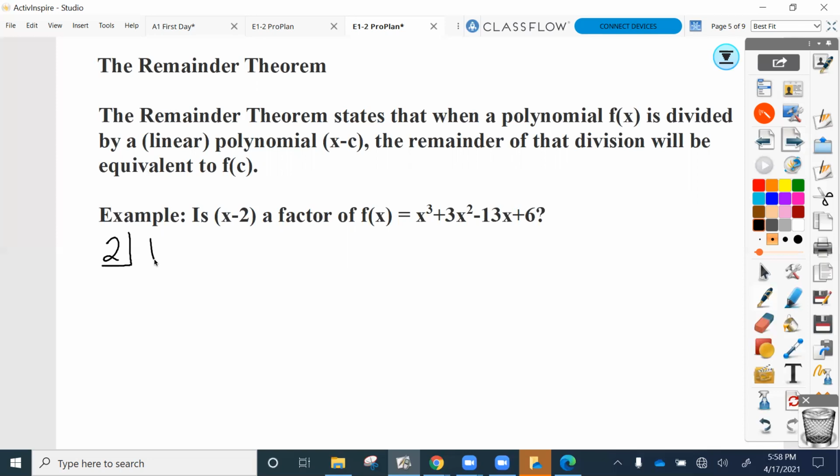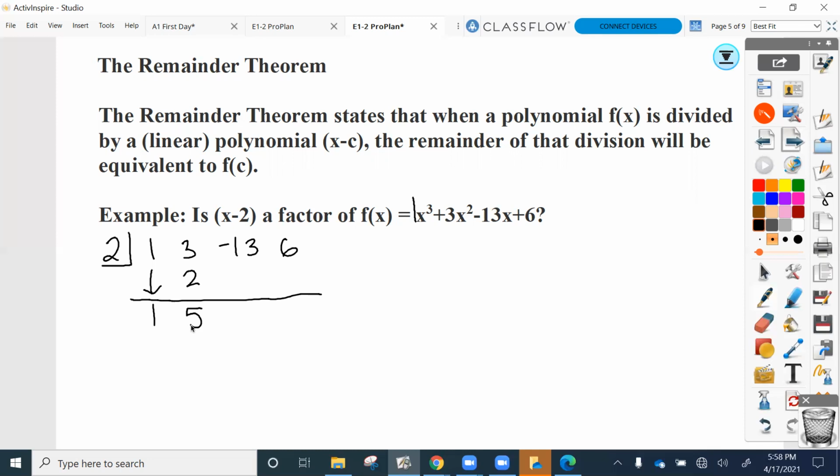So take the coefficients here in synthetic division, 1, positive 3, negative 13, and a positive 6. So we're going to see what happens when we divide it. First thing you're going to do is bring the 1 down, multiply 1 times 2 to get 2. And you're going to add 3 and 2 together to get 5.